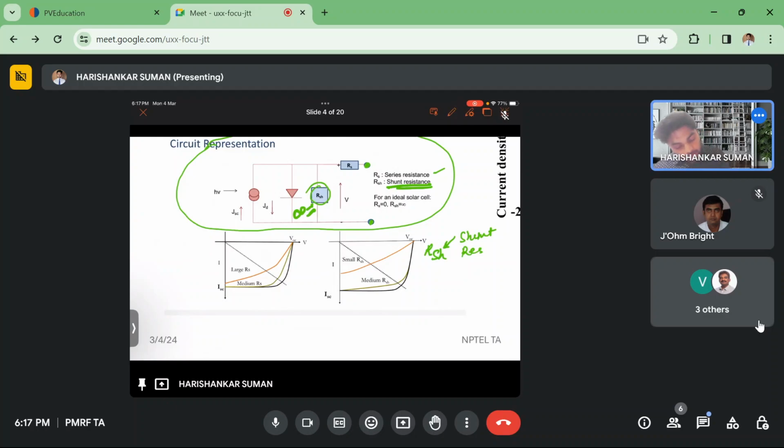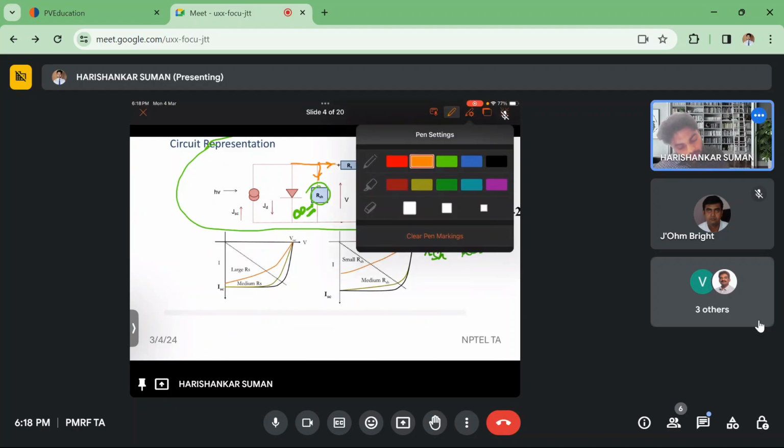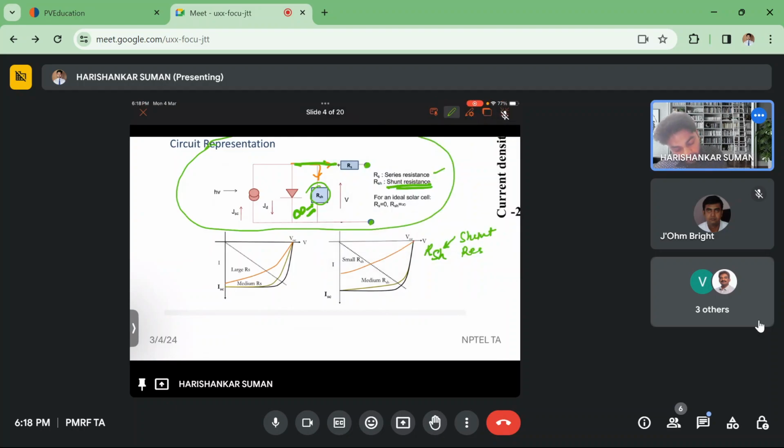Otherwise, our current also comes from here and here. If the shunt resistance is high or infinite, our total current follows this path.